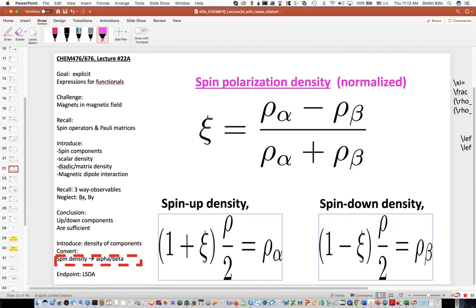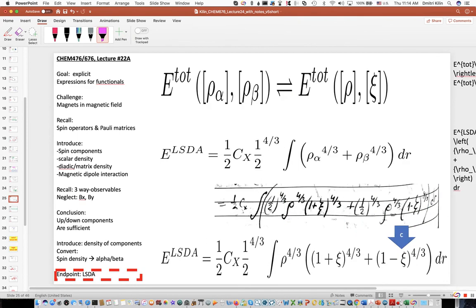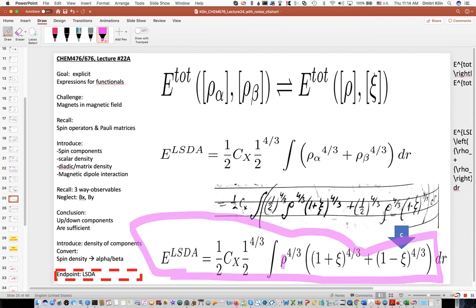For running density functional theory in these circumstances with an unpaired number of spin up and spin down, one introduces spin polarization density and composes the density functional out of total density and alpha and beta spins, which are expressed through the spin density.